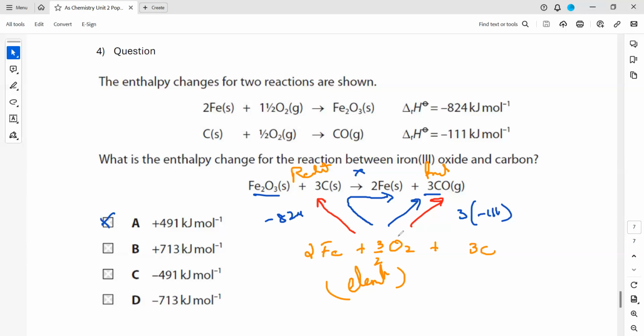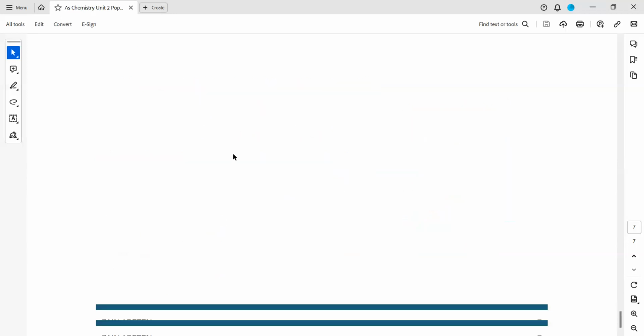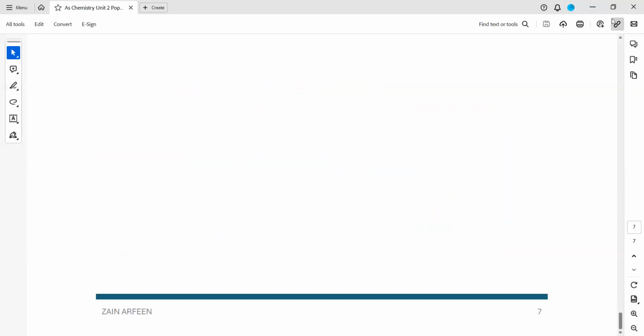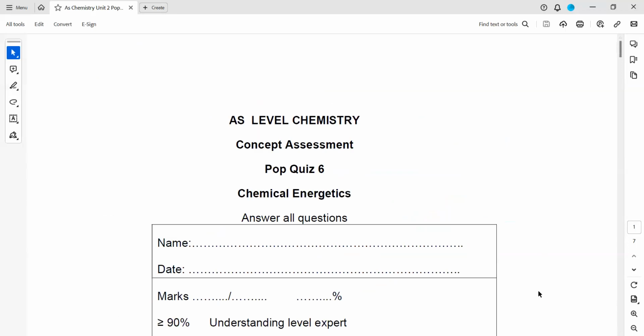Is it clear, this one? So this was pop quiz 6, which was related to chemical energetics.